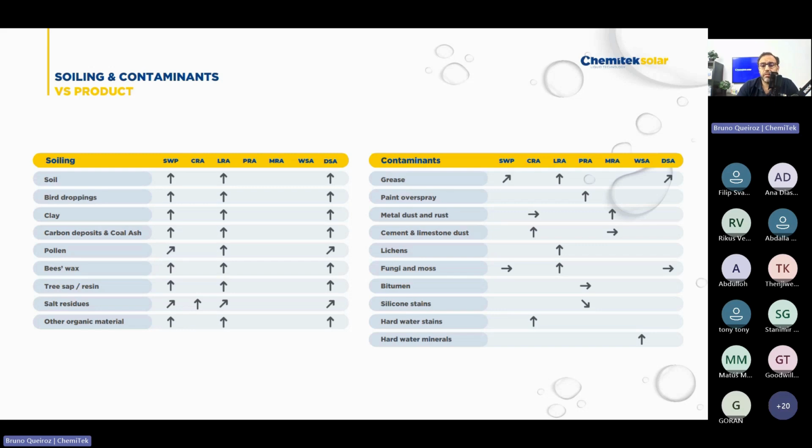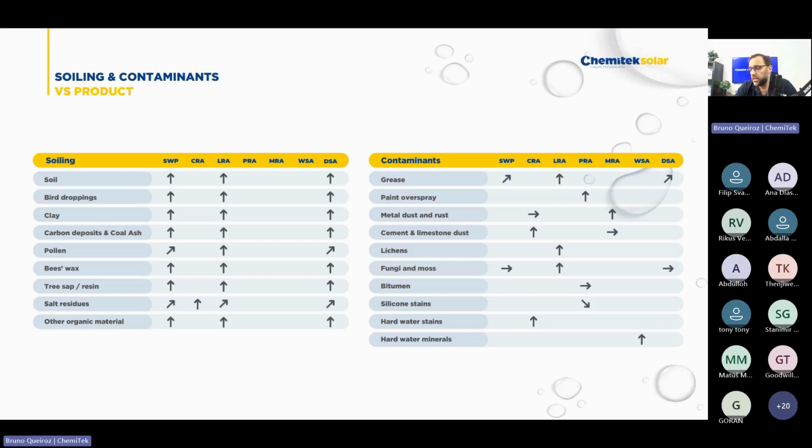Hard water stains are also quite common if the customer has a sprinkler system, for example, next to the plants, or if there are AC units, with the condensation from the air conditioning units falling on top of the modules, you might have hard water stains.